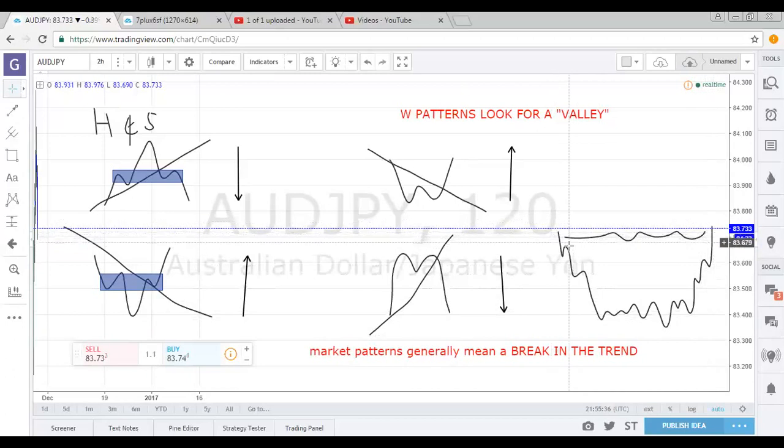But long story short, a W and a valley are the same thing. Not all valleys are W's is what I would try to say. Okay, I'll explain more on what a valley is when I get to it, but these are the 5 major patterns I'm going to talk about in this video.